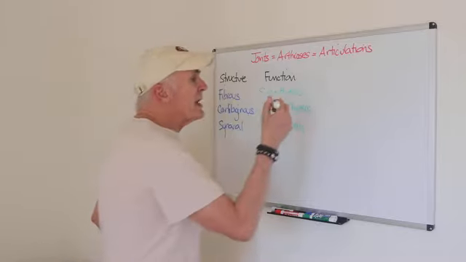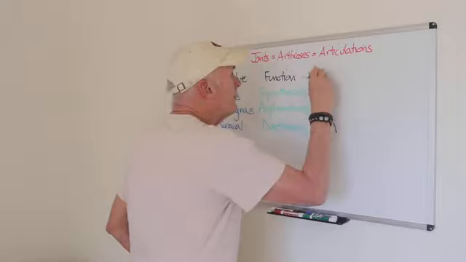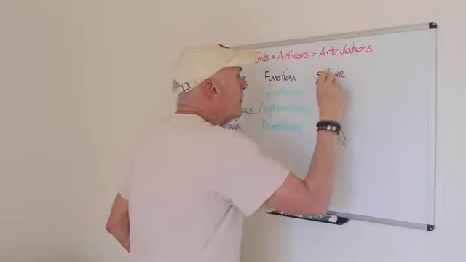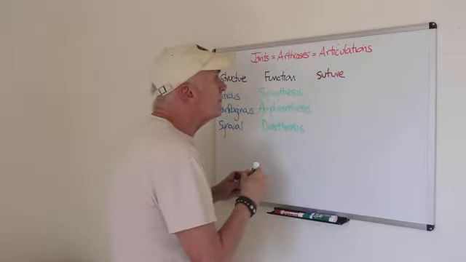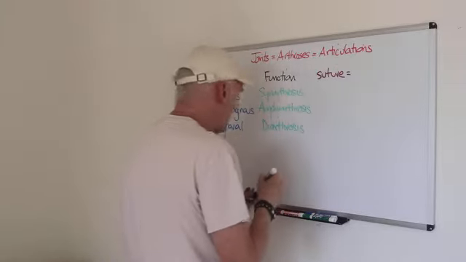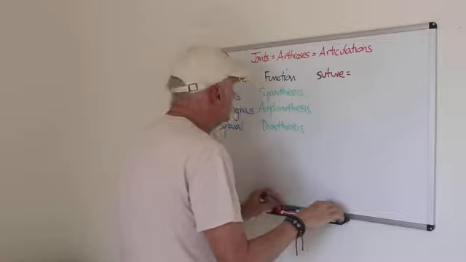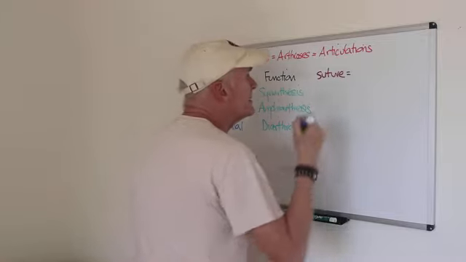Let's take our first example here, a suture. So a suture is a fibrous synarthrosis.